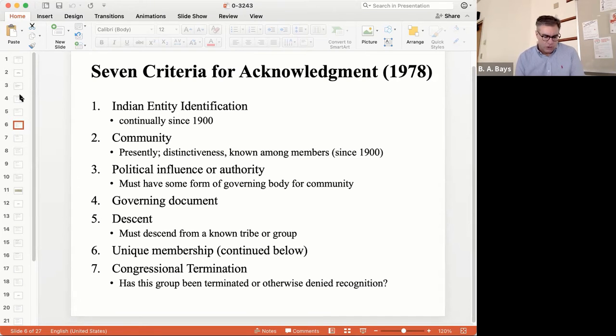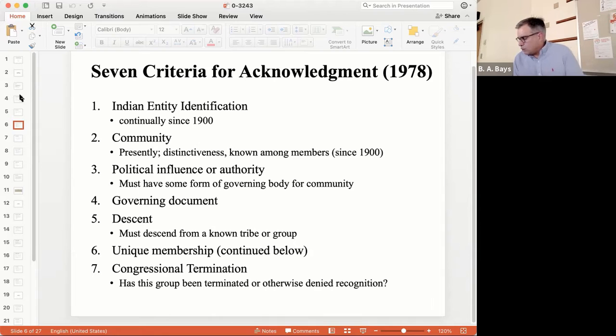There are lots and lots of groups that have a record of existence, because traders or anthropologists have documented them, but they don't have federal recognition. In that case, they may be considered a dependent Indian community, which is a vague term.